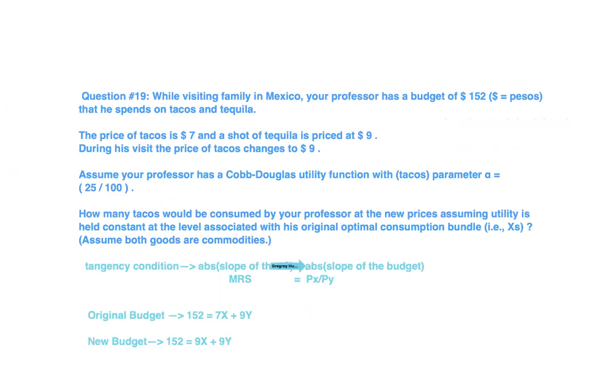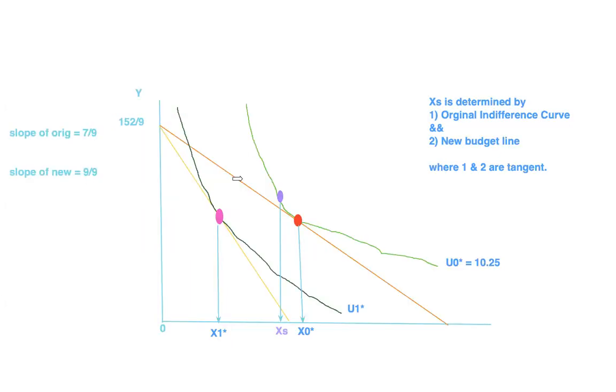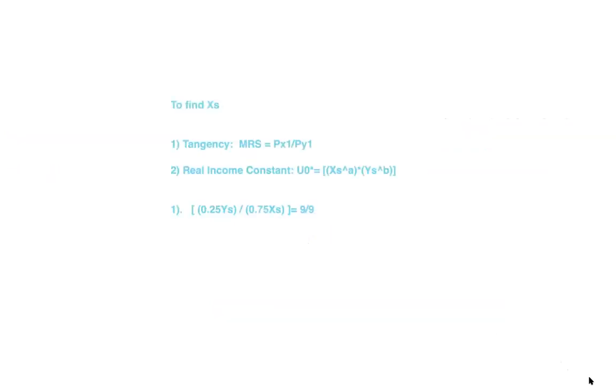So you can see the original slope is lower, right? It's like a fraction, and then it gets steeper and it becomes 1, right? And so again, we're looking for this tangency here. We have the same slope, and so this is our tangency condition.